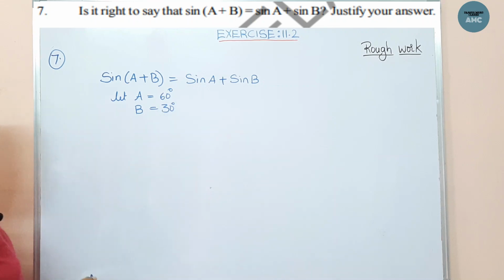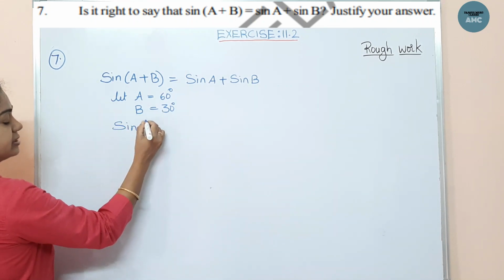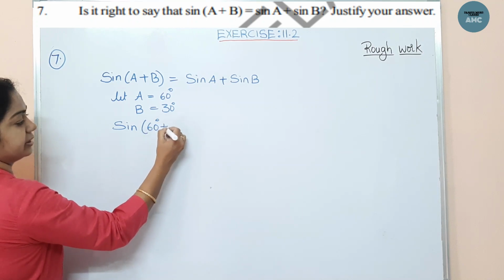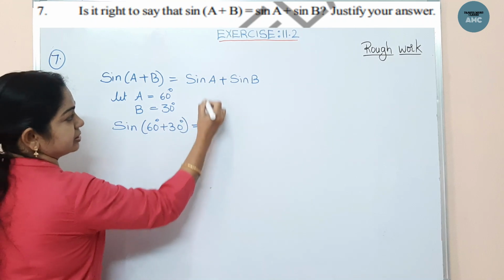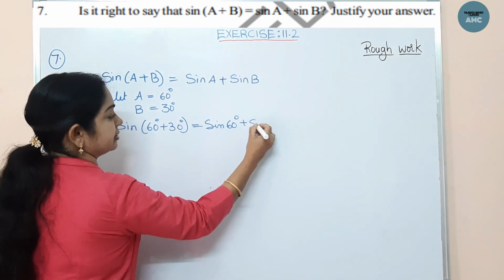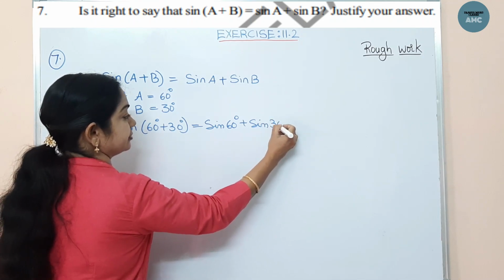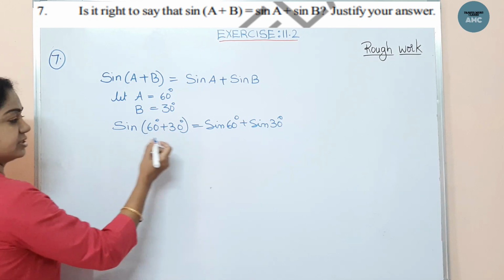So we will substitute in the given equation: sine 60 plus 30 is equal to, having substituted the A and B values, sine 60 plus sine 30. Let us check whether LHS is equal to RHS so that we can justify.